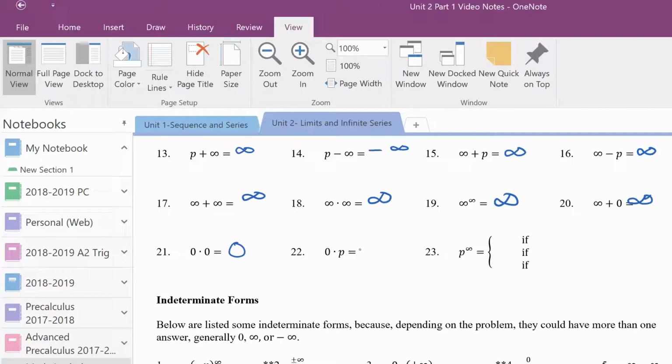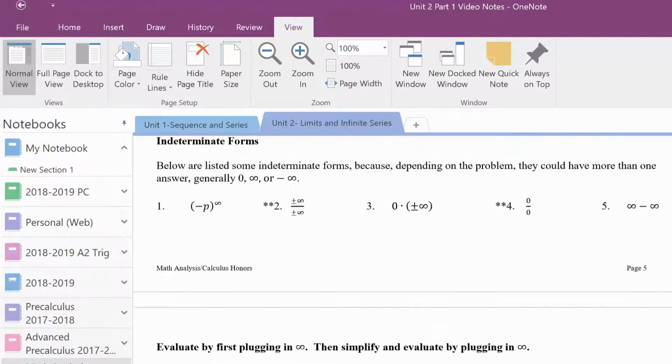But 0 times any number is 0. p to the infinite power, well, it's 0 if p is between 0 and 1. It's 1 if p is equal to 1. And it's infinite if p is greater than 1. So those are some of the rules of multiplying by infinity.